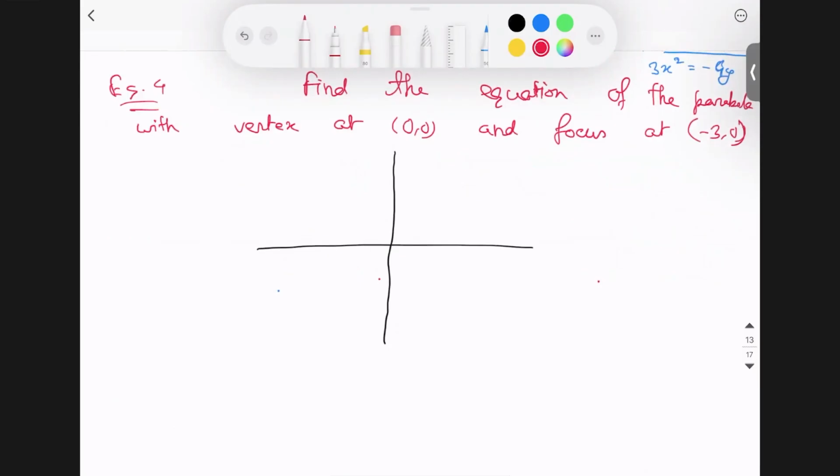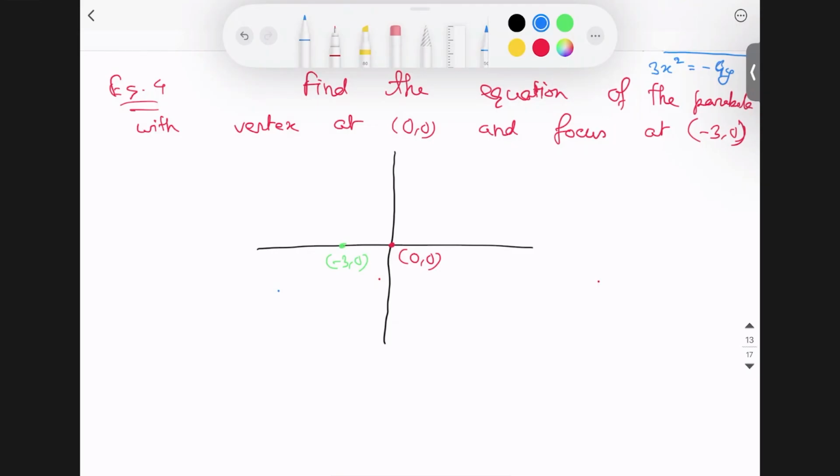So vertex at this point and focus at the point minus 3, 0. Okay. Now, how will the equation look like?